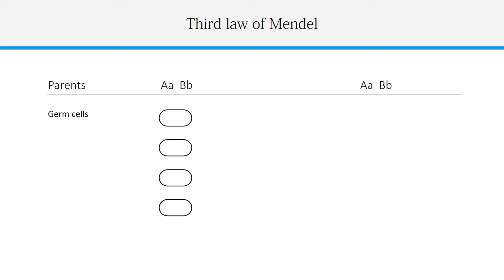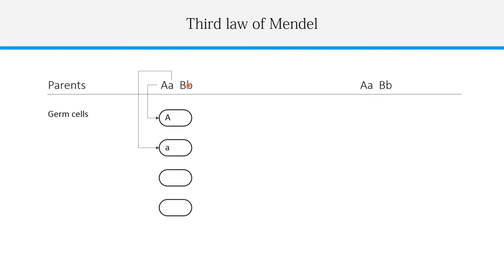And as you already know, inheritance or transfer of genes in one pair of homologous chromosomes into the germ cells will occur independently from the transfer of other genes located in another pair of homologous chromosomes into germ cells. According to this, dominant gene A may go to one germ cell and recessive gene a may go into another germ cell. And now, dear students, please look at this dominant gene B.